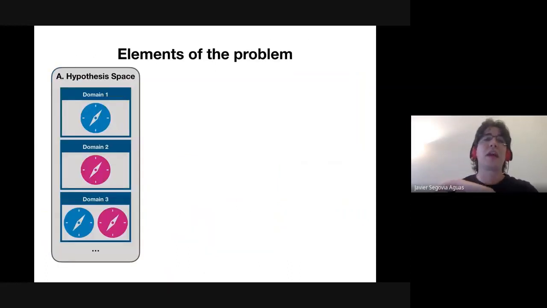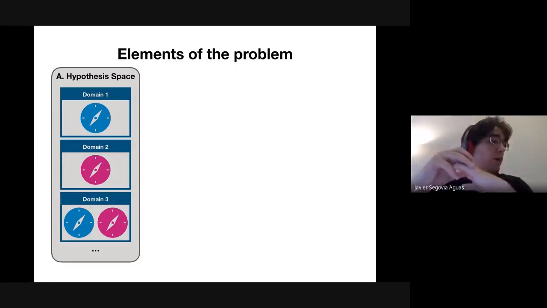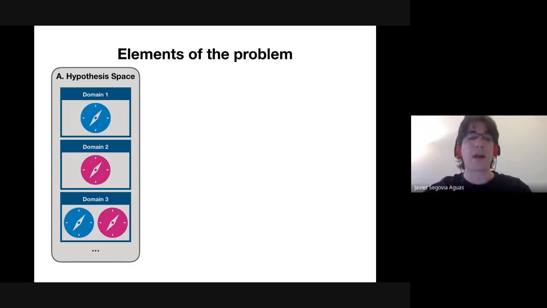Then you could think, which are the three elements of this problem? First, we have a hypothesis space, where we have a bunch of possible domains with all possible actions in each. And one important thing to mention is that if we are considering more complex planning paradigms, which are also named more expressive, like algebraic expressions, this will increase the space of hypotheses, and the hypothesis space will be larger.